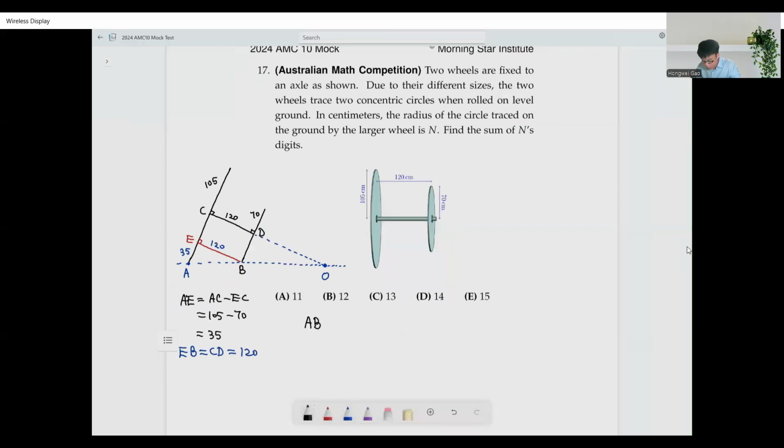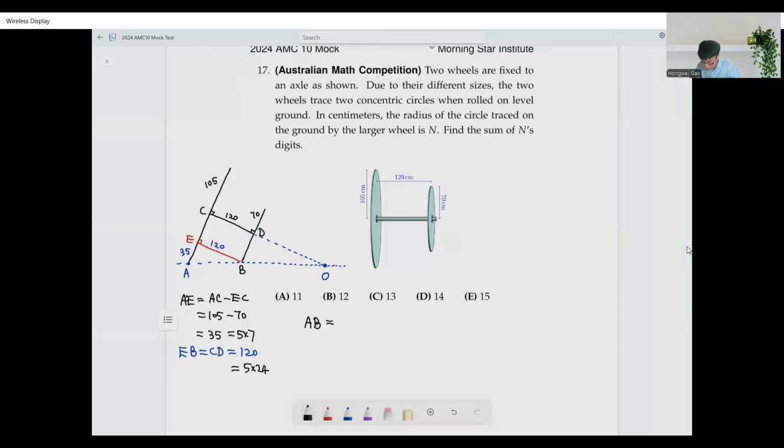Right? Actually, we note that AE, BE are both multiples of 5. So let me write here. AE is 5 times 7, and the BE is 5 times 24. So this right triangle is 7, 24, 25 triangle. So we can solve AB is 5 times 25, basically.